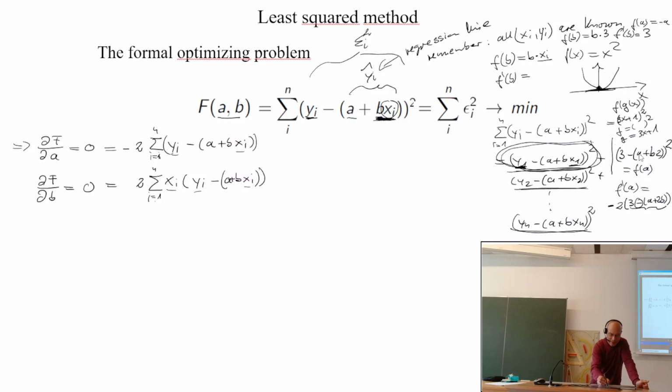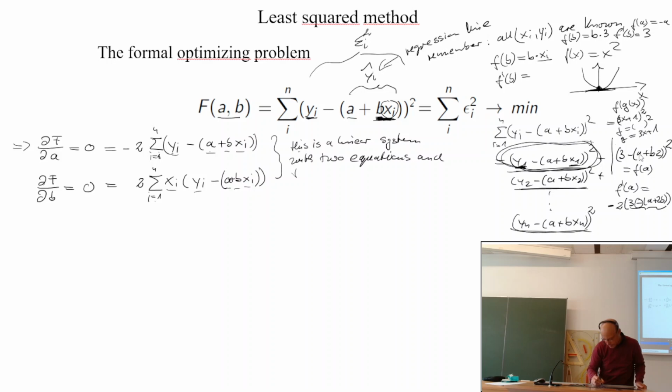Two equations and two variables I'm interested in, A and B. So this is a linear system with two equations and two variables, A and B.